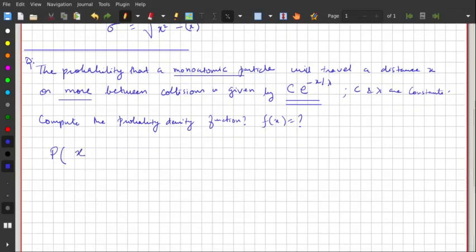What we are given is the probability that a monoatomic particle will travel a distance x or more. Let's put it in a different way.